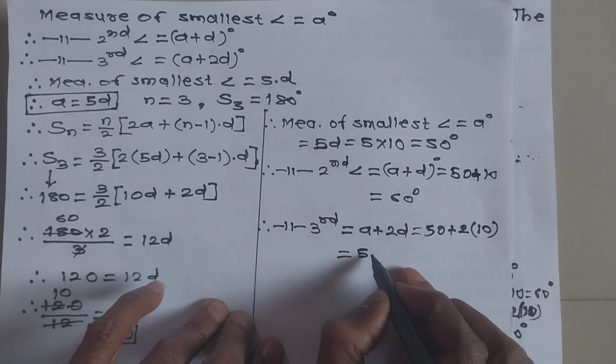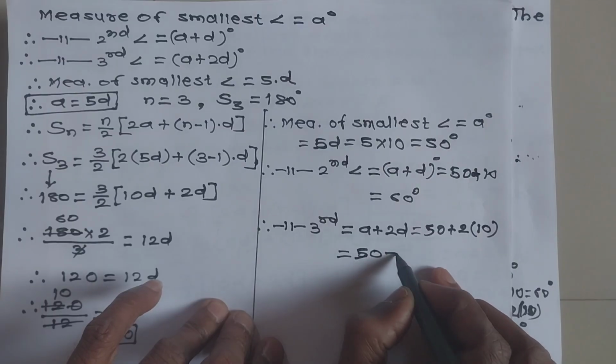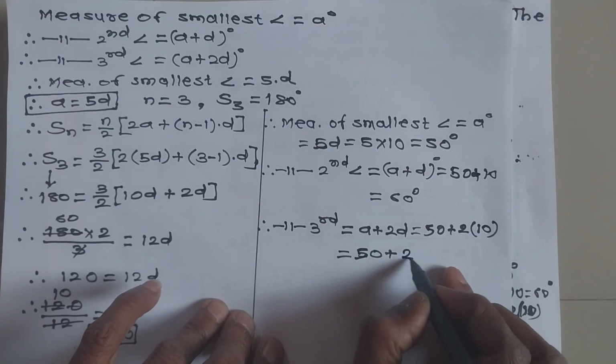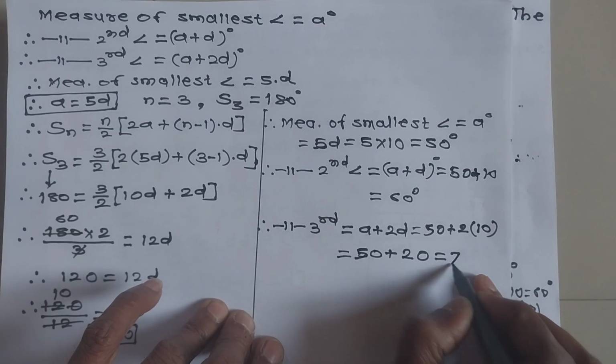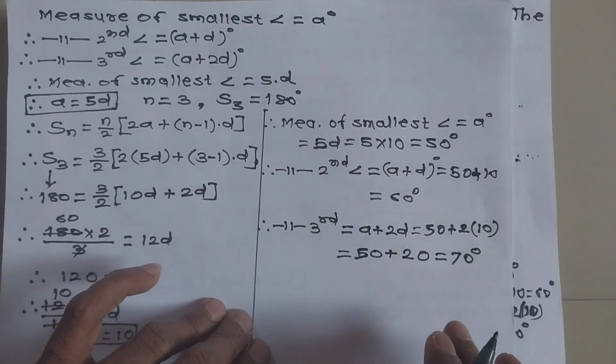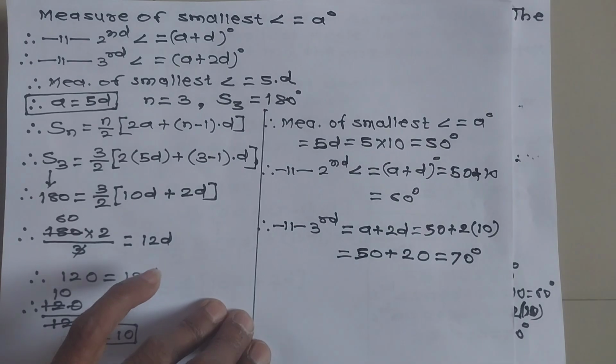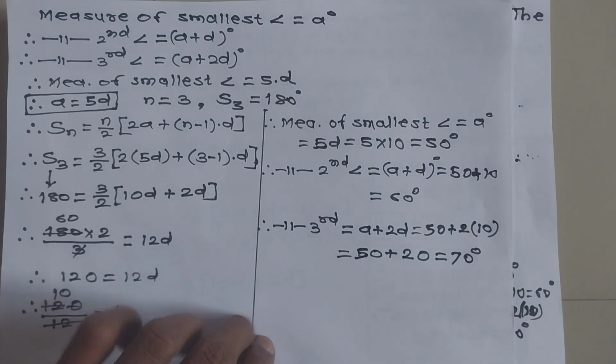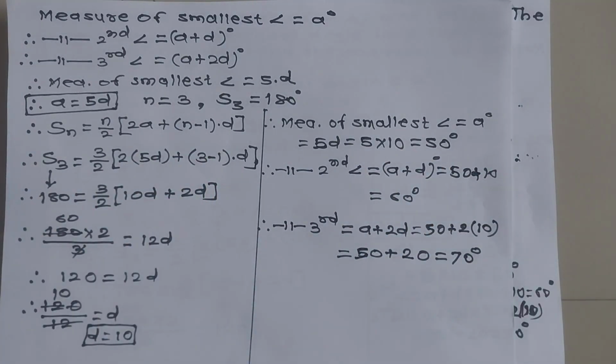Therefore, 50 plus 20 is equal to 70 degrees. This way we find the measures of angles of a triangle. This is our final answer.